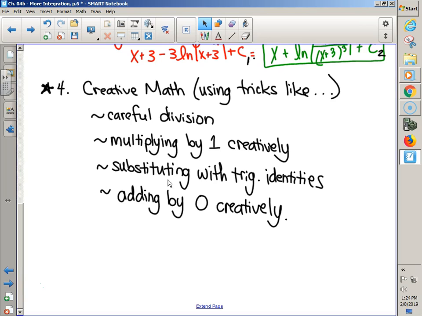Question: how would you integrate the following? Integrate.